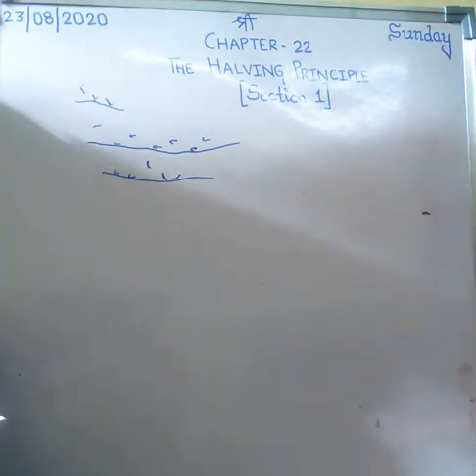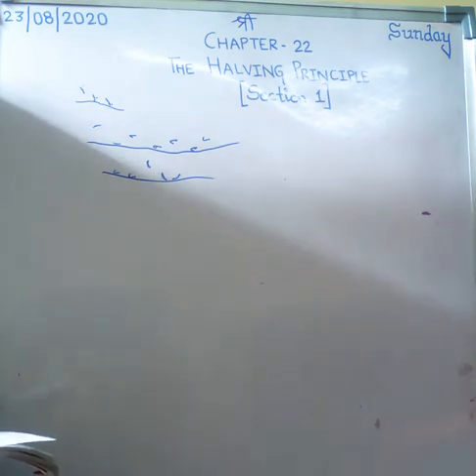Next, get ready for dictation. Exercise 86. You open the key for exercise 86. There you will find shorthand outlines. Read those shorthand outlines, copy those shorthand outlines, and transcribe.